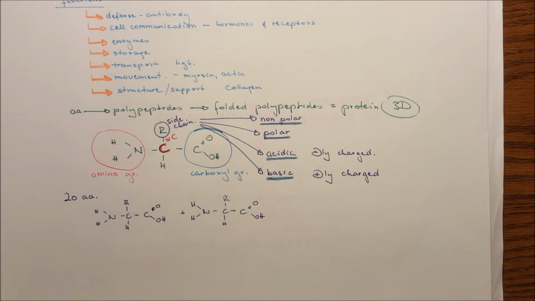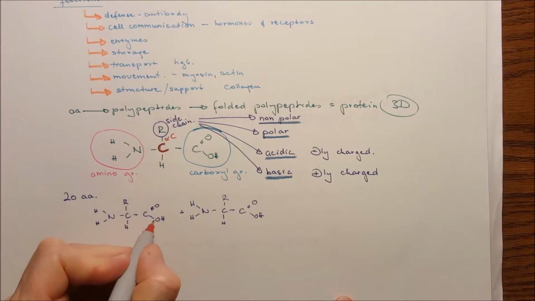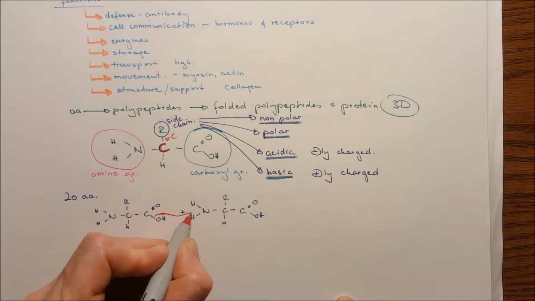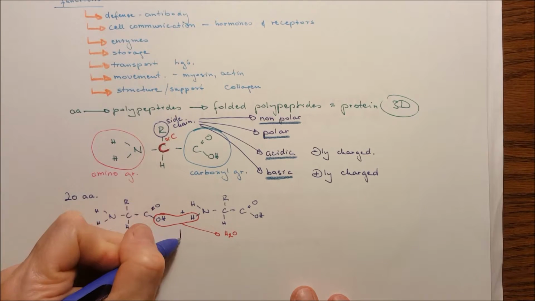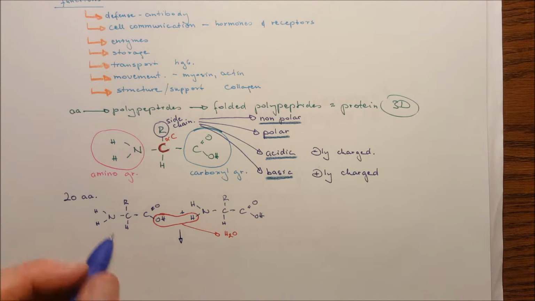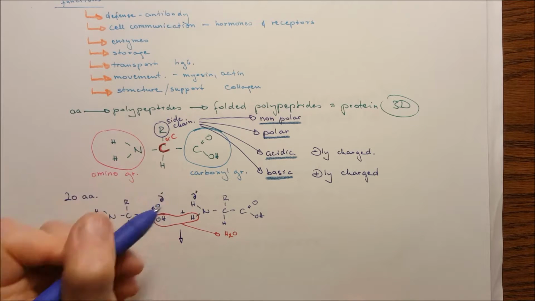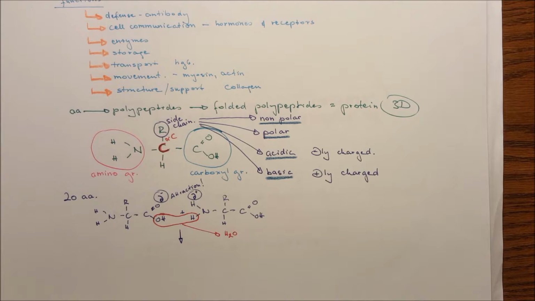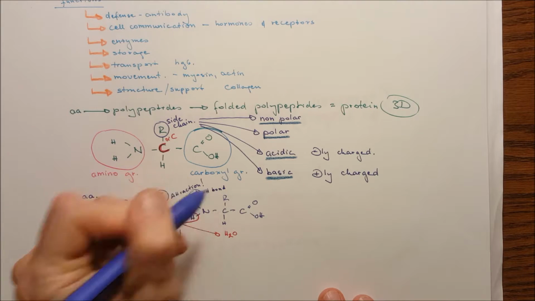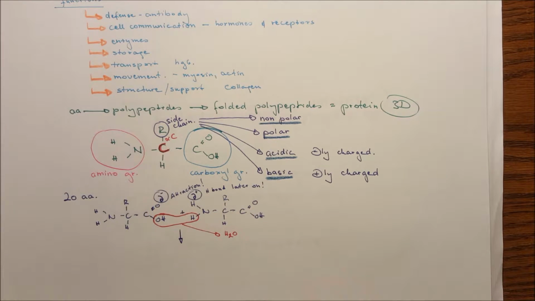Their amino group will react with the other one's carboxyl group, and the water is leaving the system, dehydration reaction, and it's going to form a polypeptide. The carboxyl's oxygen will be partially negatively charged, and the hydrogen on the amino group will be partially positively charged, so the hydrogen bond will form between these two atoms. This will be the secondary characteristics for the protein.